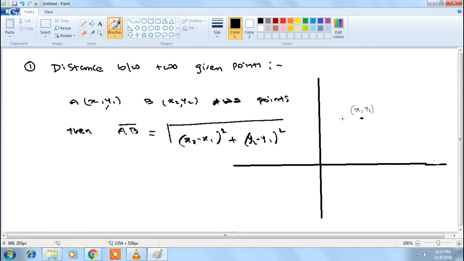This is let us say A, and another point, consider here x2 comma y2.